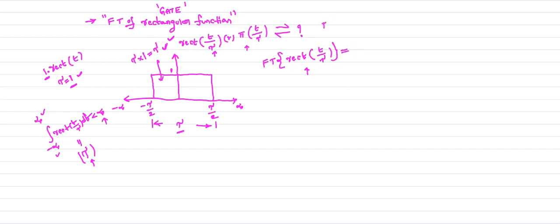So we directly use this formula to calculate the Fourier transform of the rectangular function, which is X of j omega. What is the formula? Integral from minus infinity to plus infinity of x of t into e power minus j omega t dt. If you want to use this formula, here x of t is an absolutely integrable signal.